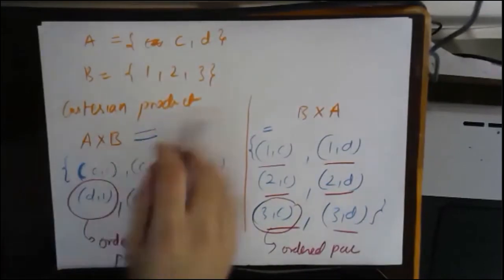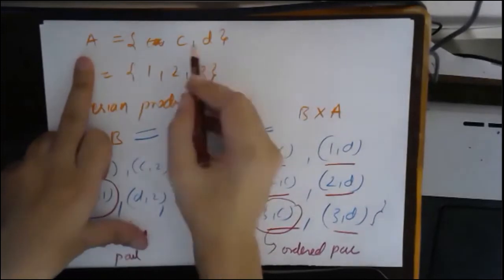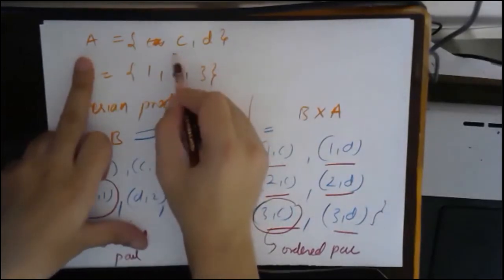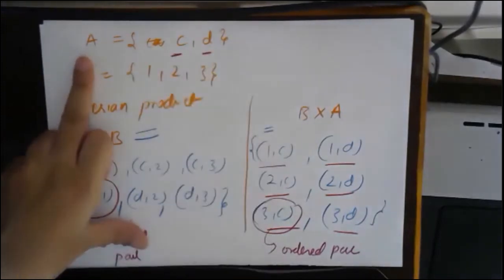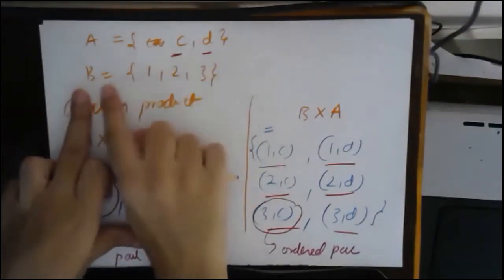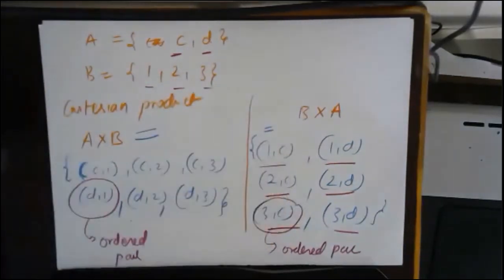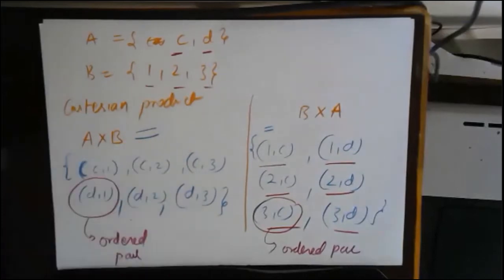Fine. Suppose set A has which elements? Set A has C and D. Understood? What does set B have? Set B has 1, 2 and 3. What does the Cartesian product A cross B have?